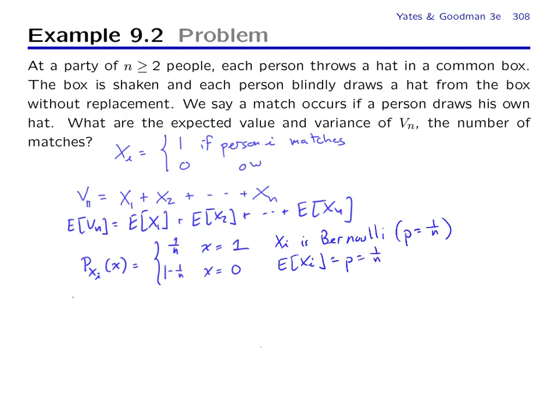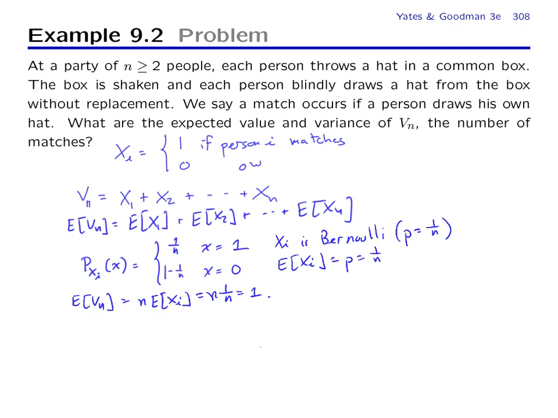And finally, the expected number of matches, well, all of the E of xi's are the same. So this will be n times E of xi, which is n times 1 over n equals 1. So on average, no matter how many people, whether it's 2 or 3 or 20 million, the expected number of matches is going to be exactly 1.